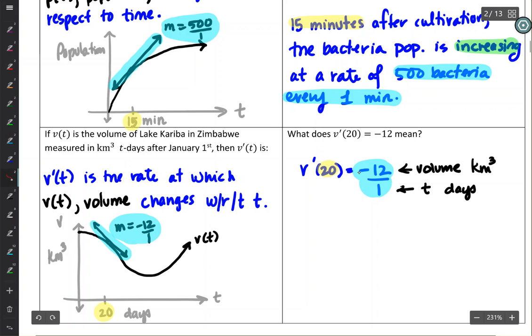Now, because it's negative, let's get a new color here. Because it's negative, that means my volume is decreasing.